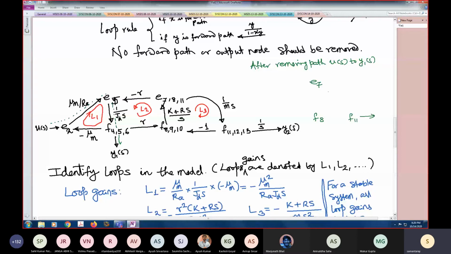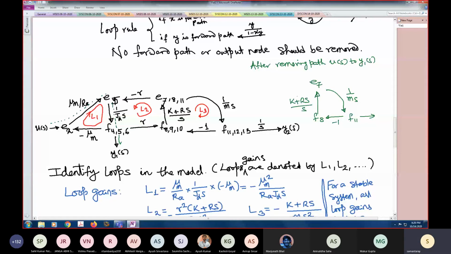So we will get 1 by ms, and minus 1, K plus RS by S. The rest of the things are gone. When those nodes are gone, anything connected to those nodes is gone.